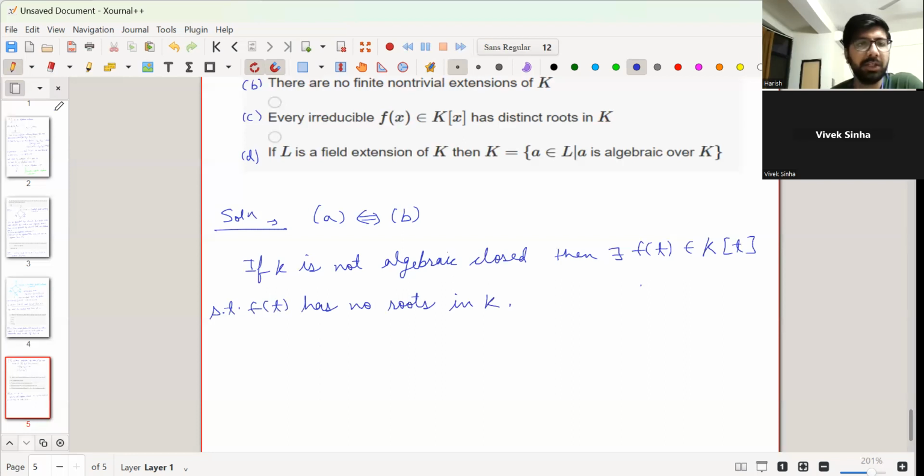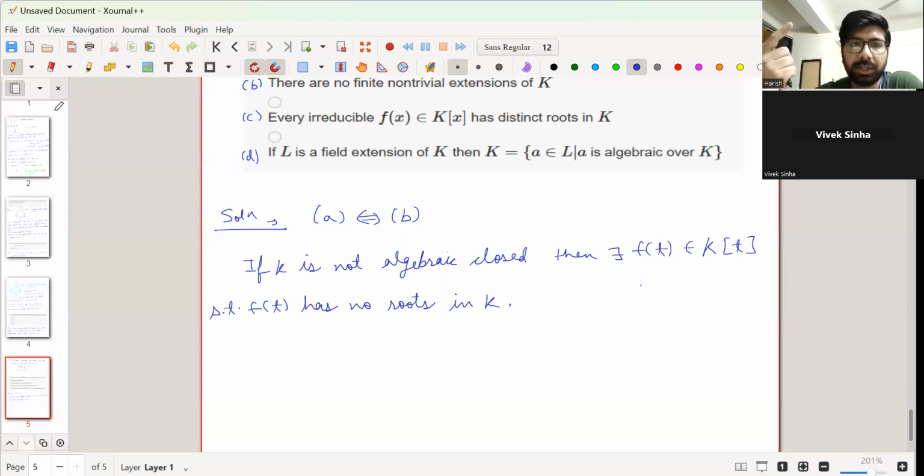There should be a polynomial which does not have a root, because algebraically closed means for all polynomials there exists a root, and this is equivalent to saying that for all polynomials there exist all roots, right? That we see the equivalence of both the statements.